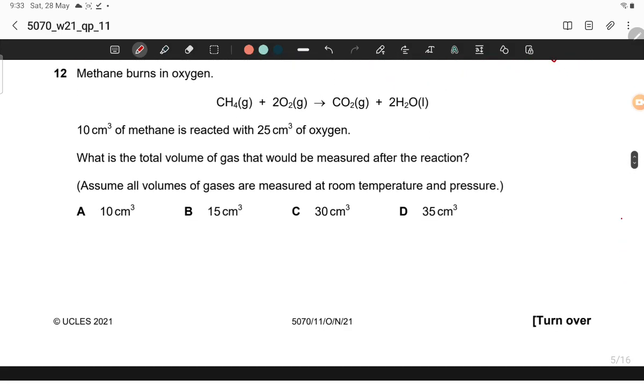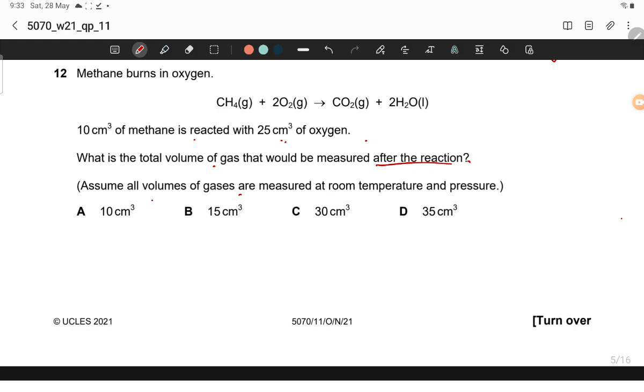Methane burns in oxygen: CH4 plus 2 O2 to form carbon dioxide. 10 cm cubed of methane is reacted with 25 cm cubed of oxygen. What is the total volume of gas that would be measured after the reaction? Assume all volumes of gases are measured at room temperature and pressure.